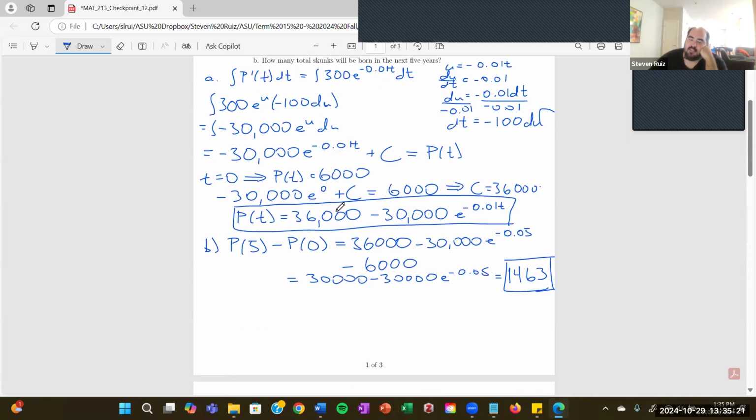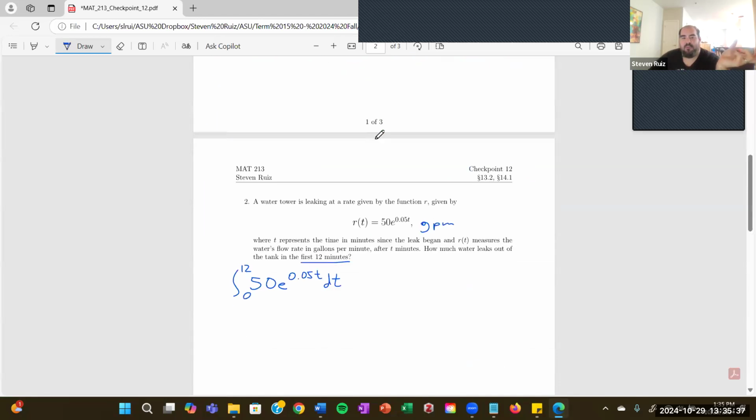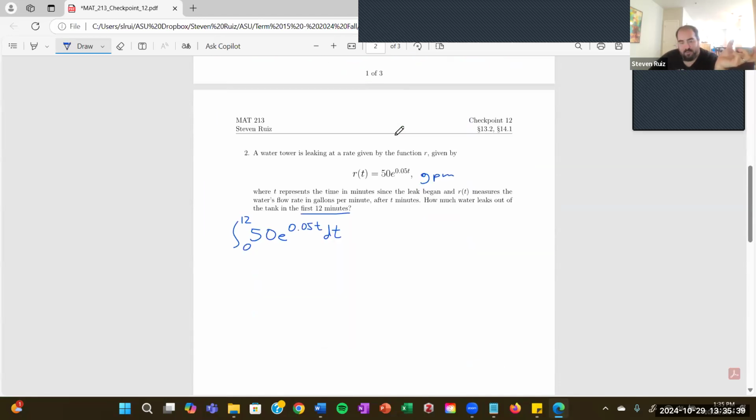So another thing that I did in this last problem was we did integration by substitution, and then we substituted back. Basically, we transformed the integral into terms of u, and then we transformed it back into terms of t. What I'm going to do with this one is transform it into terms of u and then never go back.